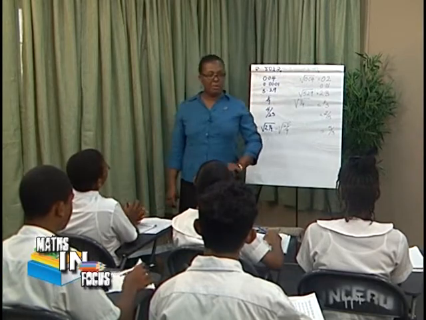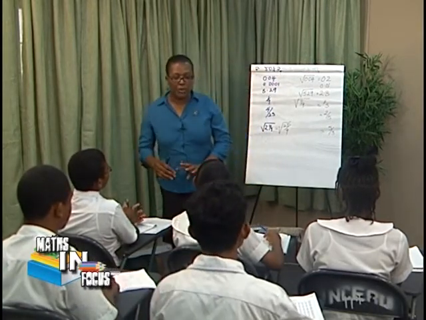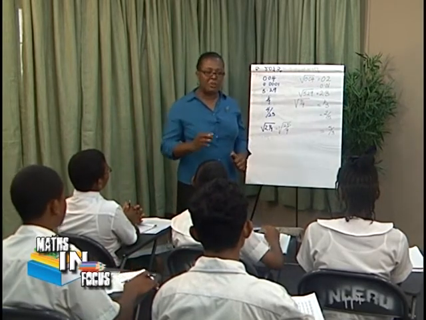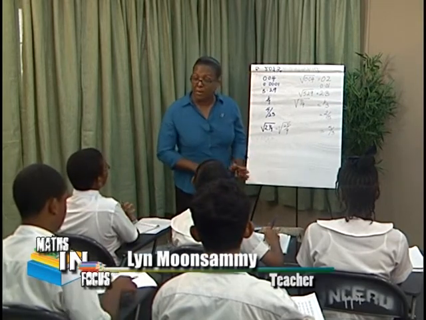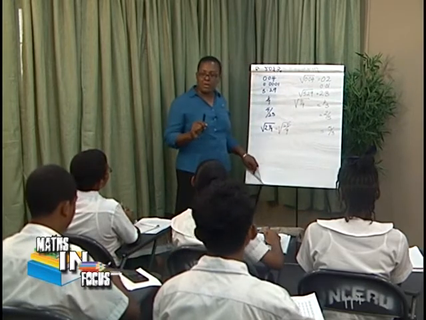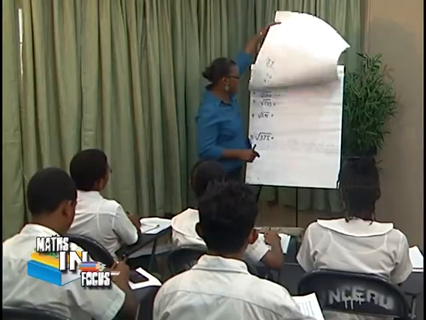So if we take a number and multiply it by itself, we call the product the square of the number. If we take the product and find the square root, we should have the original number again. And we need to remember that the square root of a number is the positive and the negative of the number.